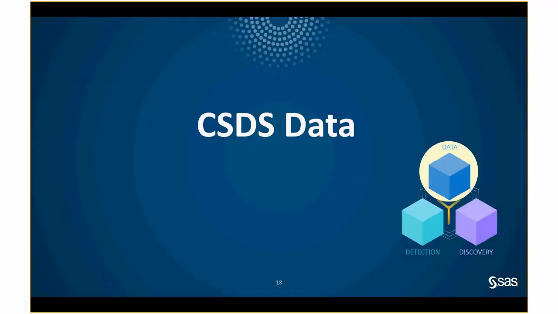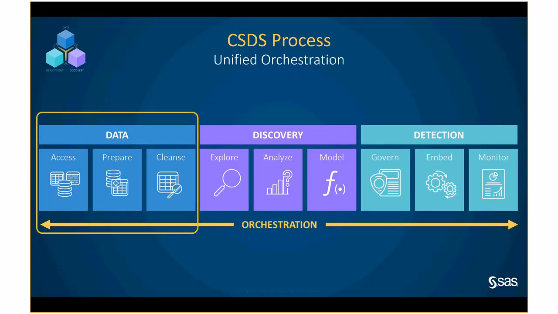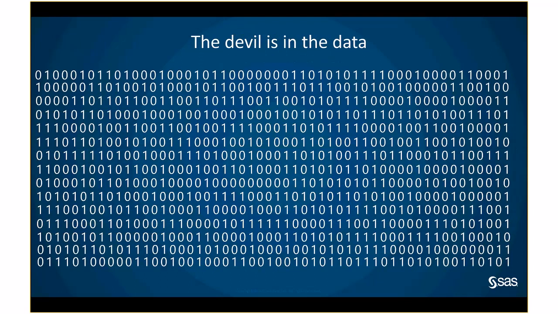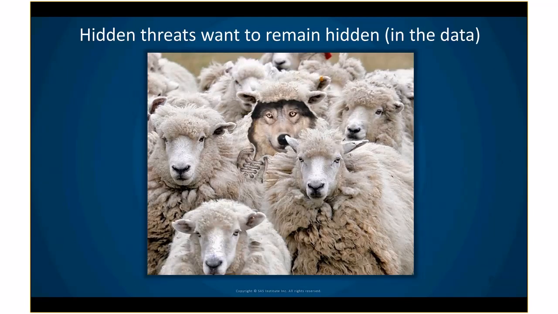So let's start off with cybersecurity data. So this really is the foundation, as we know, for analytics, which is we have to have high quality data to drive cybersecurity insights. Now, this sounds fine, but as we know, the devil is hiding somewhere in the data. And in the case of cybersecurity, threat agents want to remain hidden in the data.